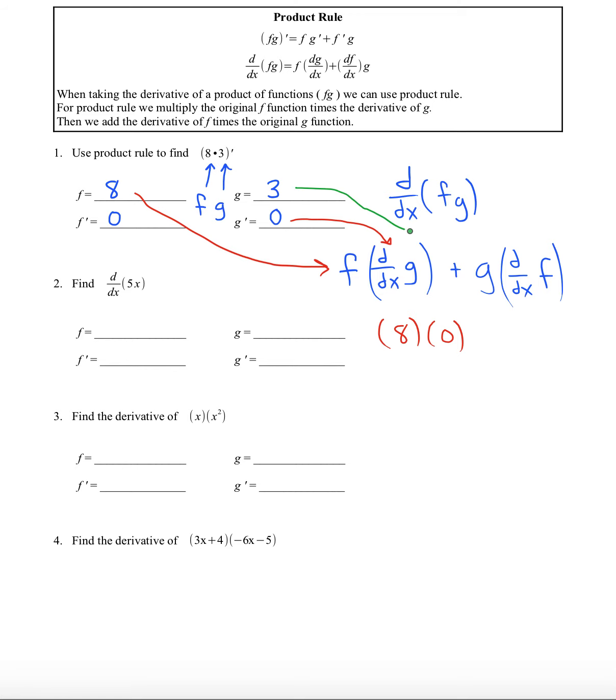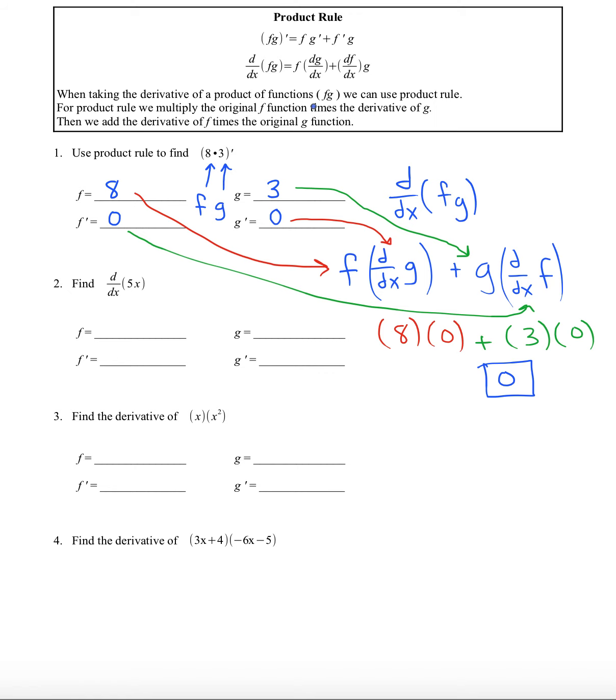Then we have to multiply the original g times the derivative of f. Okay, as we can see, not surprisingly, the derivative of this thing is going to be 0 because it's a constant. Okay, so that's the answer to number 1.